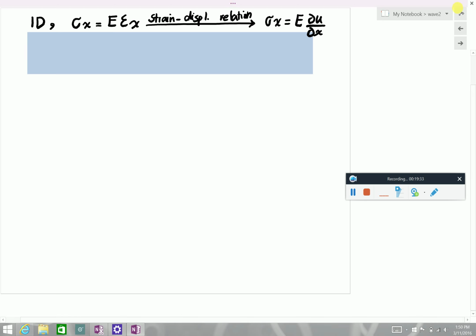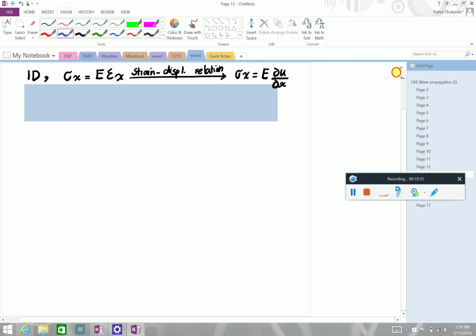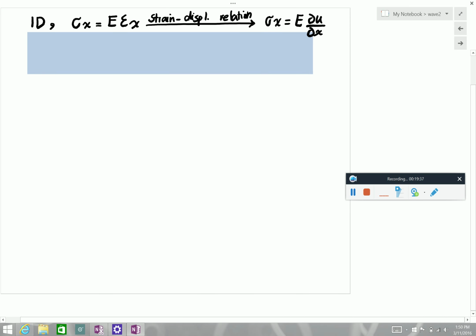We want to do the same thing in 3D. So in 3D we have to write the so-called generalized Hooke's law. In general, we want to write the constitutive stress-strain relations.